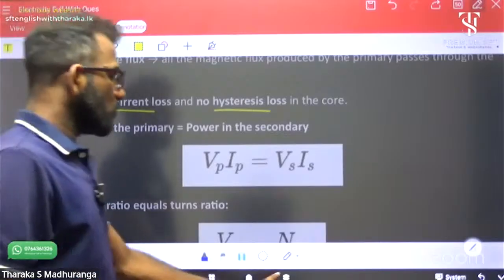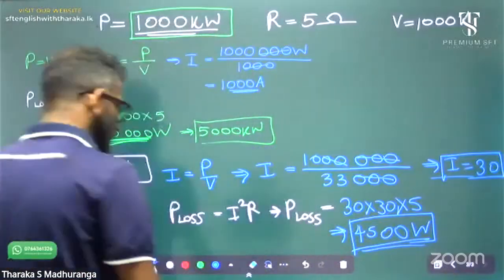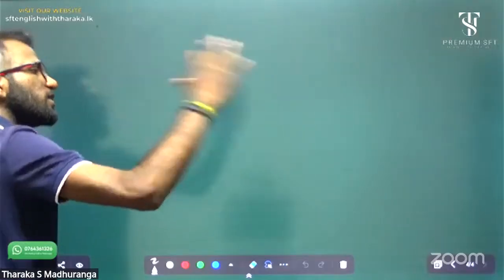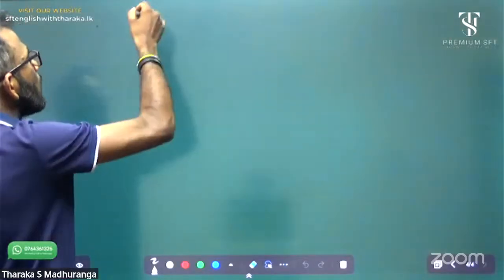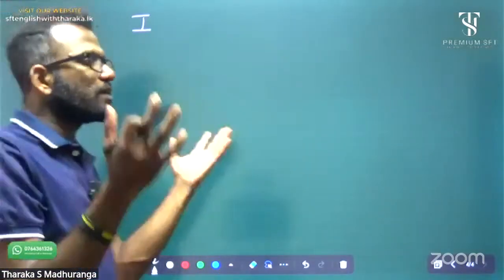Now the ideal transformers, understand, that's a fully theoretical concept. We can't find any ideal transformers practically.